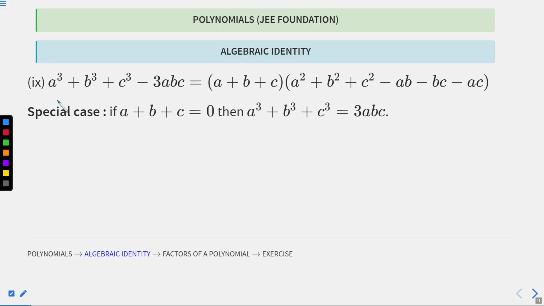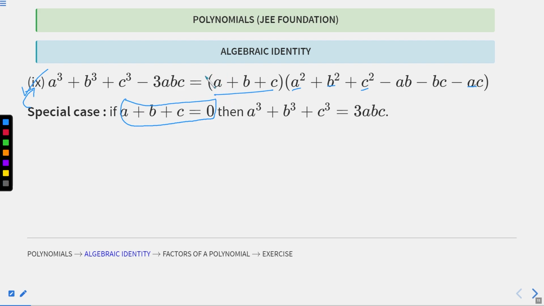And the last property is a³ + b³ + c³ − 3abc = (a + b + c)(a² + b² + c² − ab − bc − ac). And the special case for this property: if a + b + c = 0, then what will be our result?